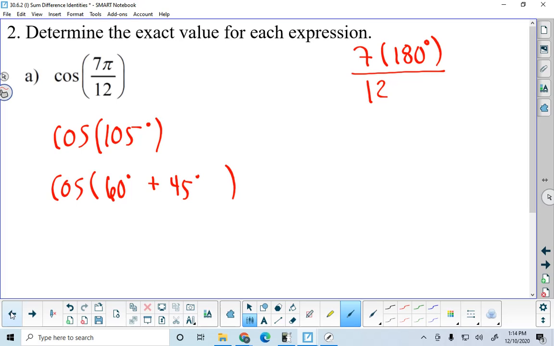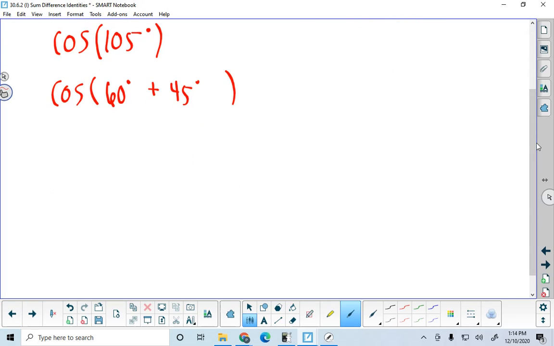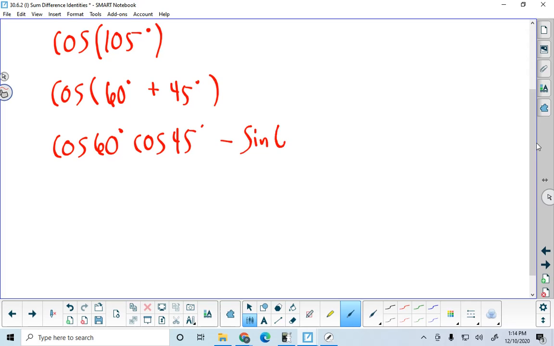How is that helpful? Well, we have an identity that says cosine of 60 plus 45 will be equal to cosine of 60, cosine of 45, minus sine of 60, sine of 45. I don't want you to be complacent here and just write it down without thinking.